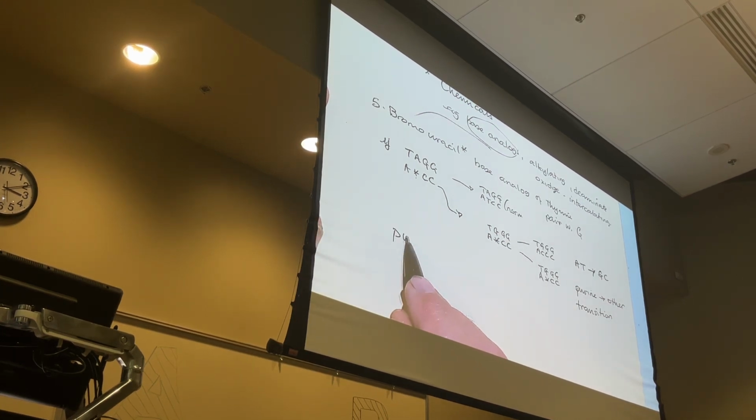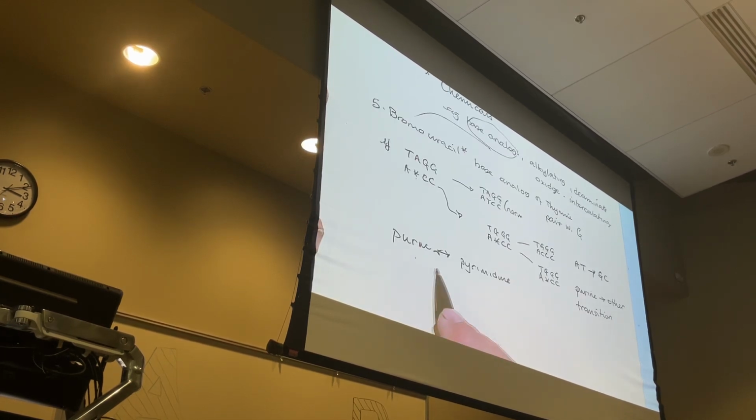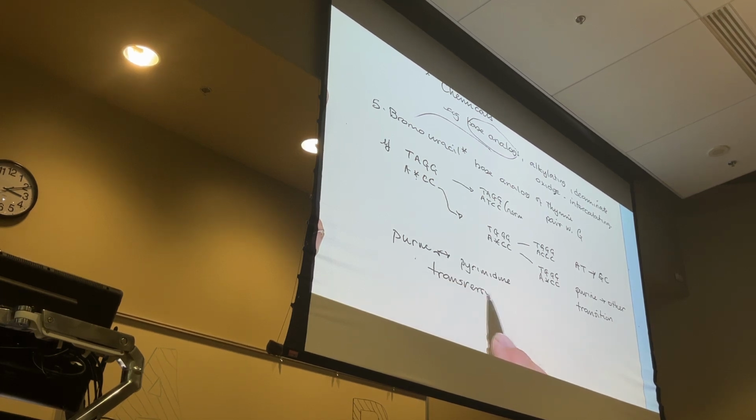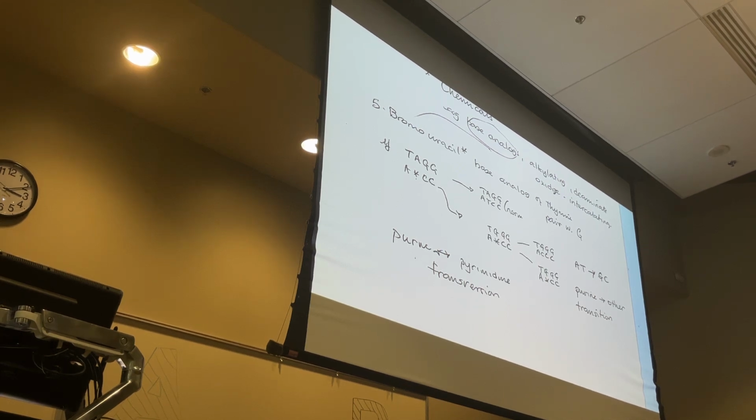If it goes from purine to pyrimidine, or vice versa, it's called a transversion. It's one of the curiosities of mutation that there are more ways you can go from purine to pyrimidine or pyrimidine to purine. There's just more options, right?